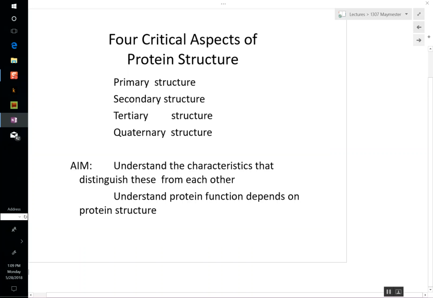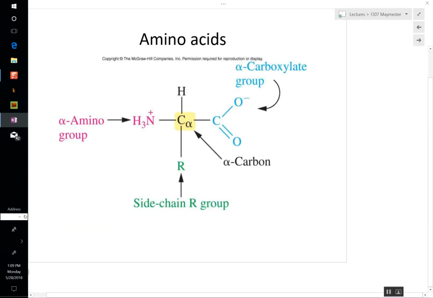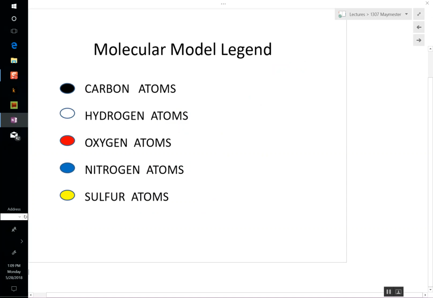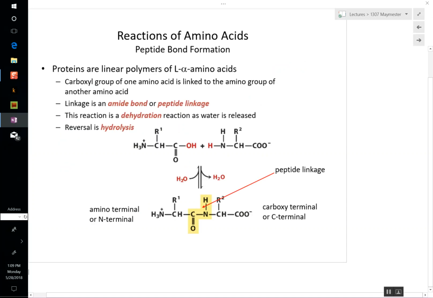So now we want to see this play out in the insulin molecule: primary, secondary, tertiary structure. We've gone through what an amino acid is, how to build these models, and how they link together. Now pay attention to this, because we're going to start bringing yours up here.